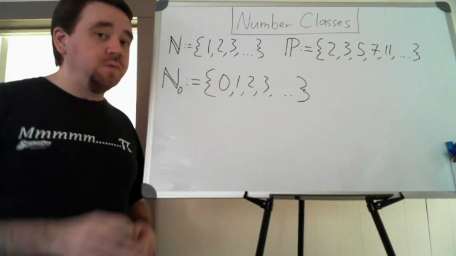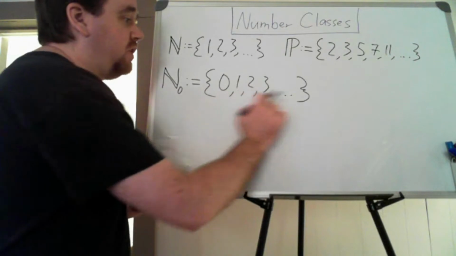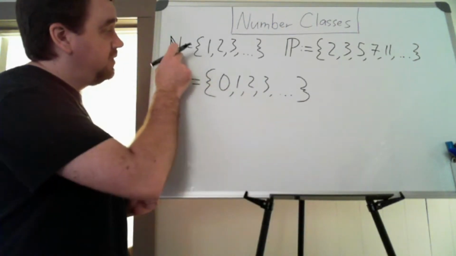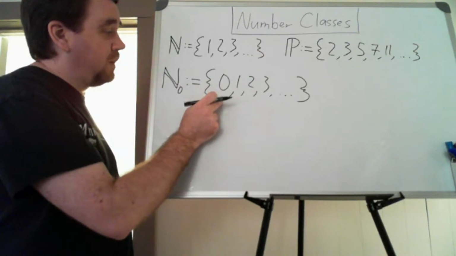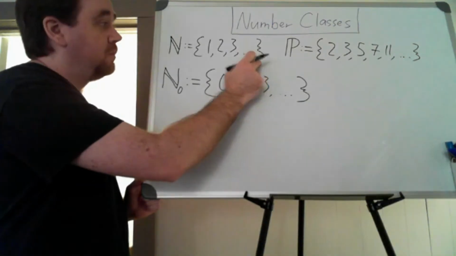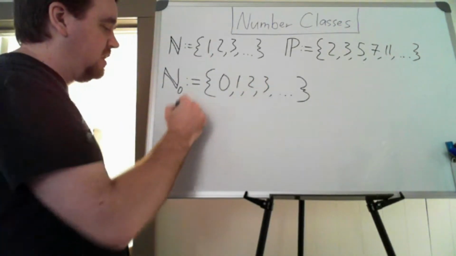Now there's actually a few mathematicians out there who will consider this set to be the set of natural numbers. And so they're going to reverse define this: N is going to actually represent this set. And so when they want to reference what are really the natural numbers without a 0, you might see them defining this set like this.